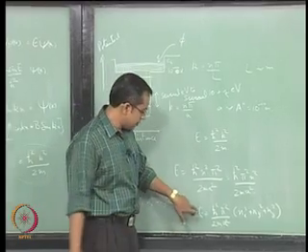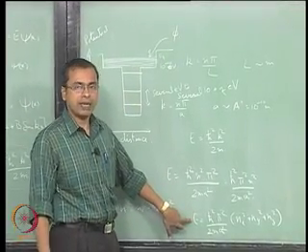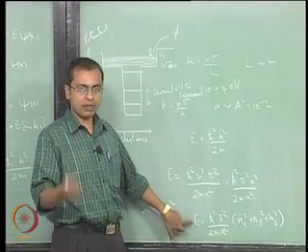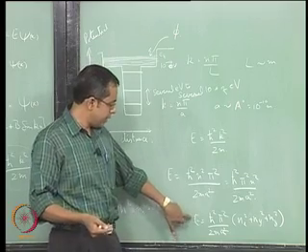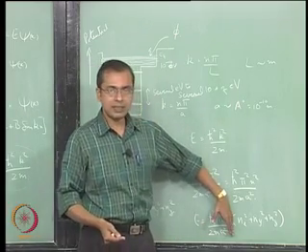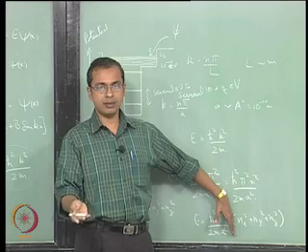In other words, when energy is a constant, it means that nx square plus ny square plus nz square has to be a constant.